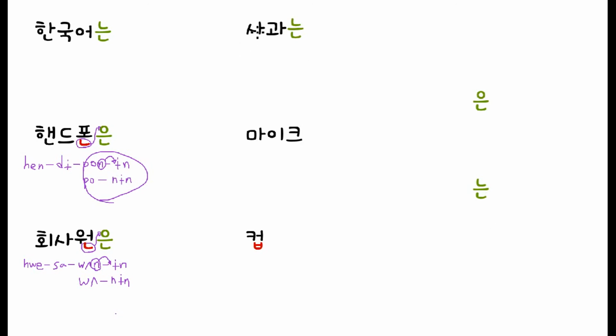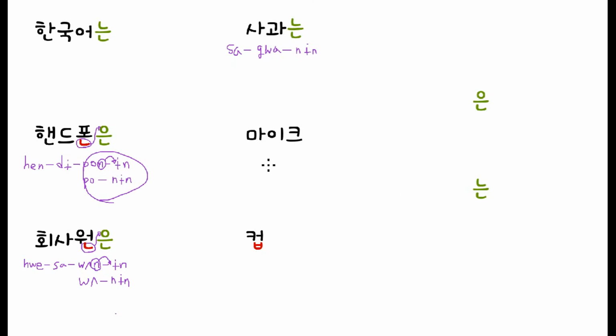So if I write 사, the g sound, and this vowel is the 와 sound, so 사과, and the n. Okay, so 사과는, right?